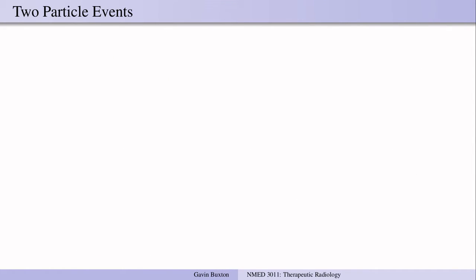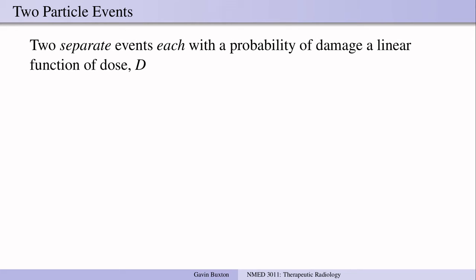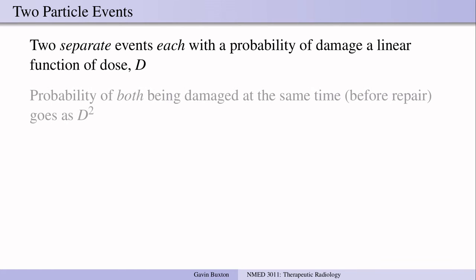For two particle events, the probability that one strand of the DNA is going to be damaged is a linear function of dose. Because again, if you double the dose of radiation, then you double the probability that one strand is going to be damaged.